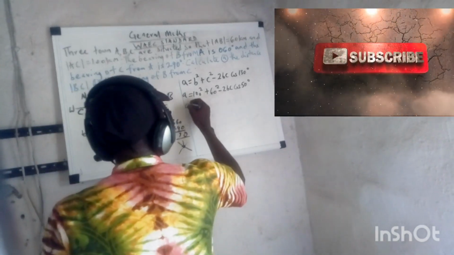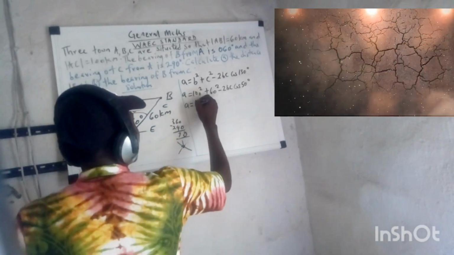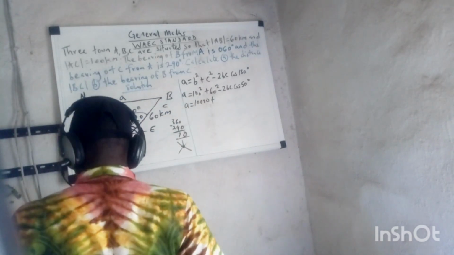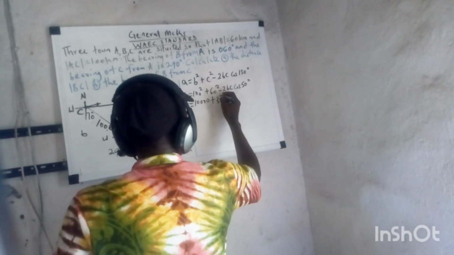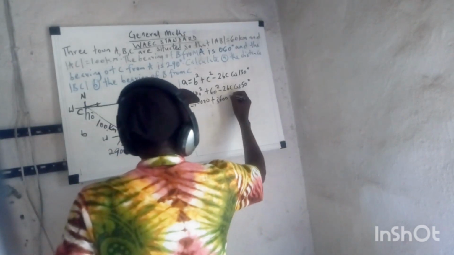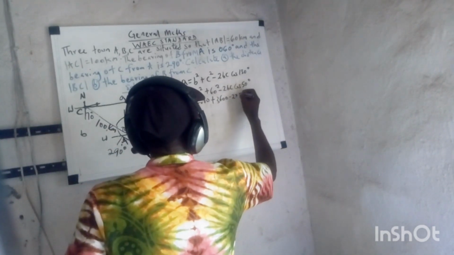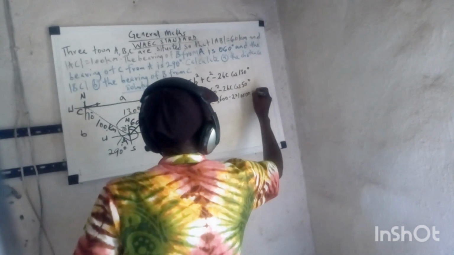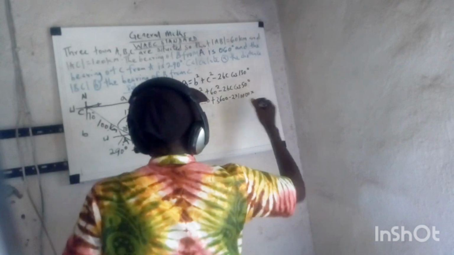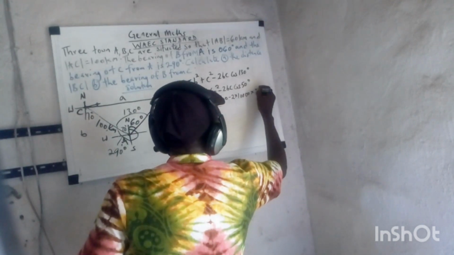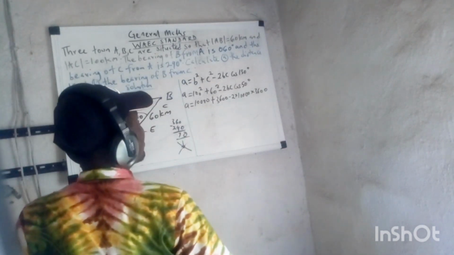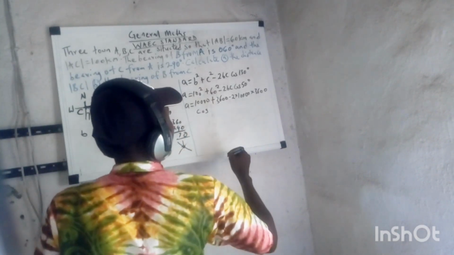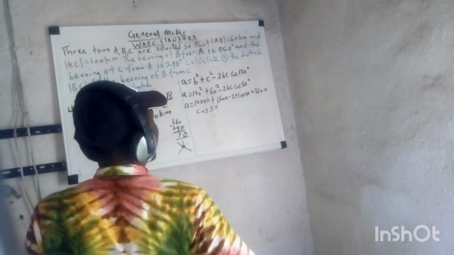So let's multiply. When you square 100, you get 10,000. When you square 60, you get 3,600. Minus 2 times 100 times 60 times cos 50 degrees.